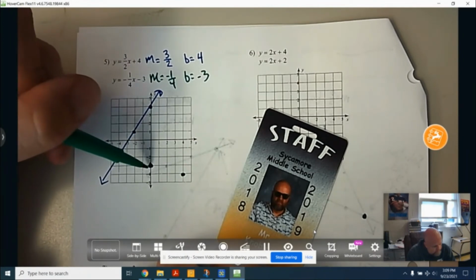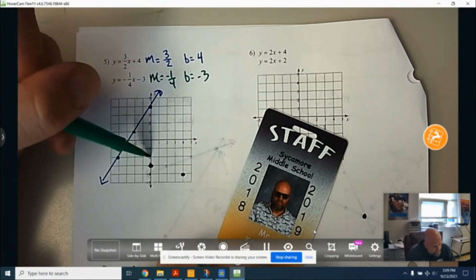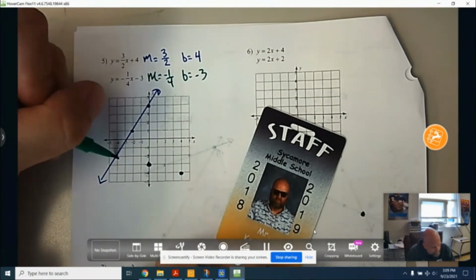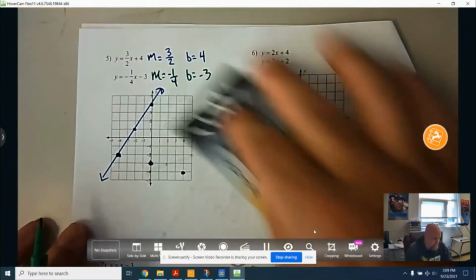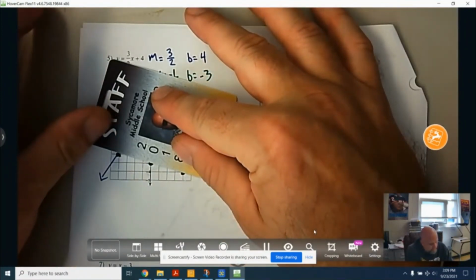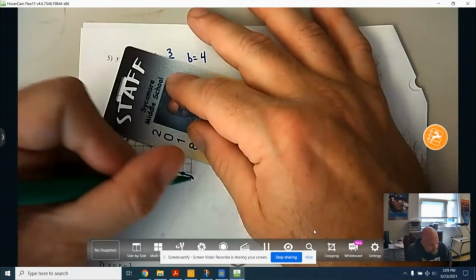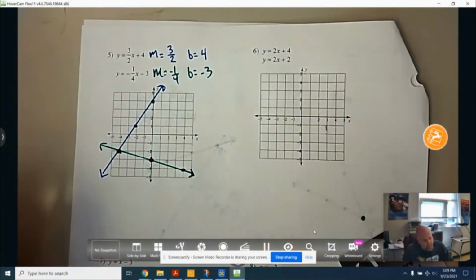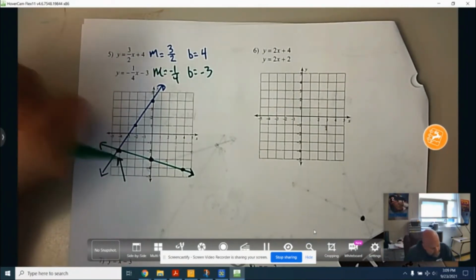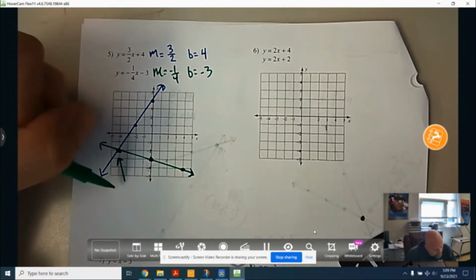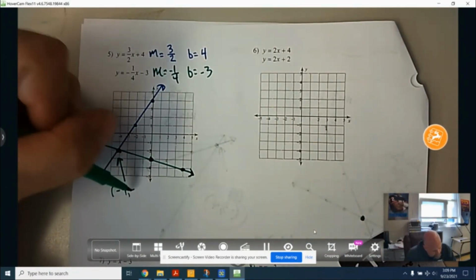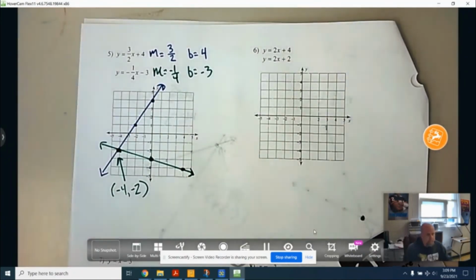Okay, I'm way out of room for that one, so I'm going to go back, go the other way. So go up 1 to the right 4, and I see where they're going to intersect right here. Okay, make your straight edge, connect it all, and there's our point of intersection. So my solution for this one would be -4, -2.